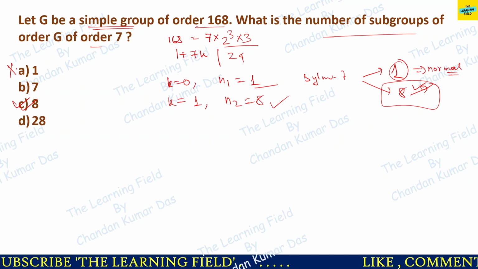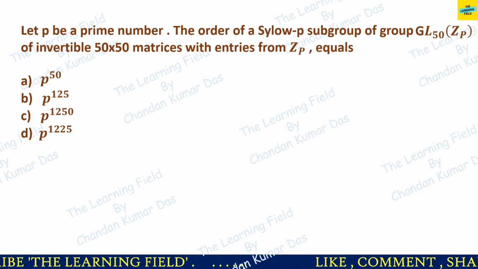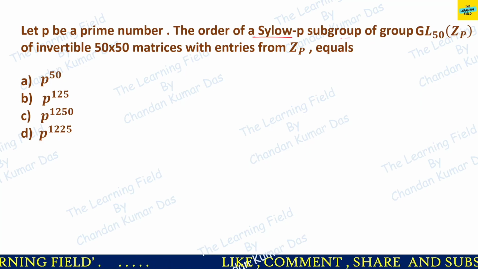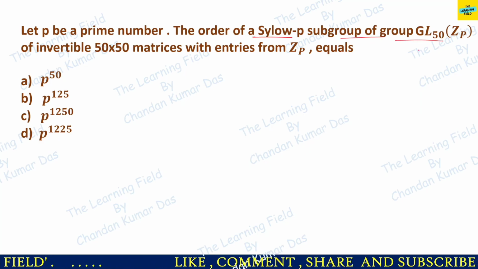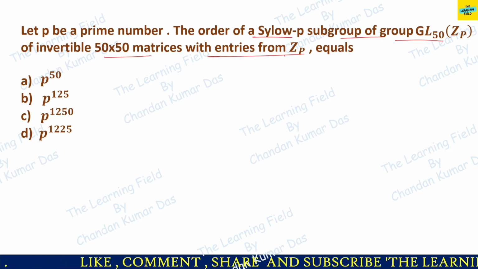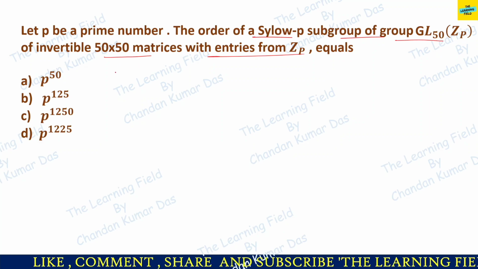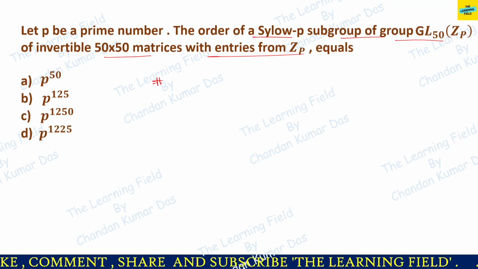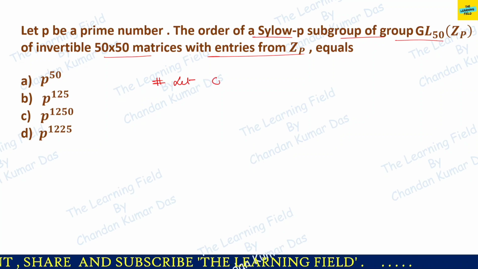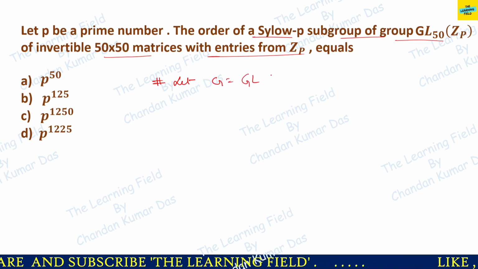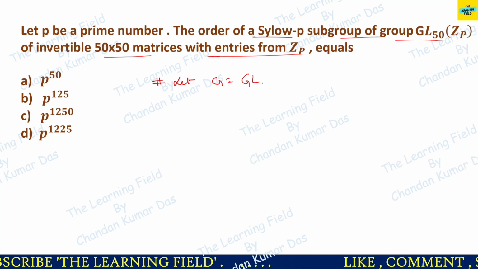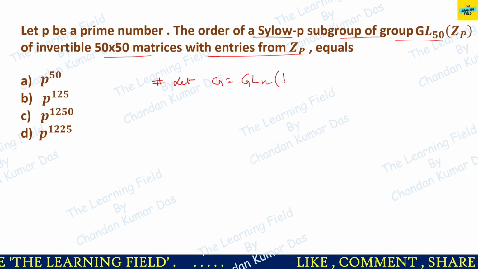Now the next question: let p be a prime number, the order of a Sylow p subgroup of the group GL50 Zp, of invertible 50 by 50 matrices with entries from Zp, equals to. So this is clearly a formula based question. The formula is: let G be the general linear group of order n by n matrices over the field Fq.